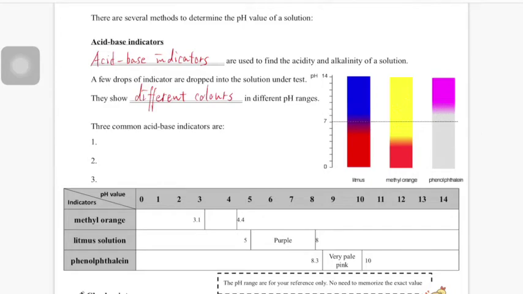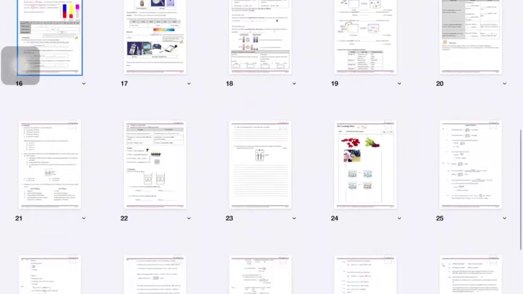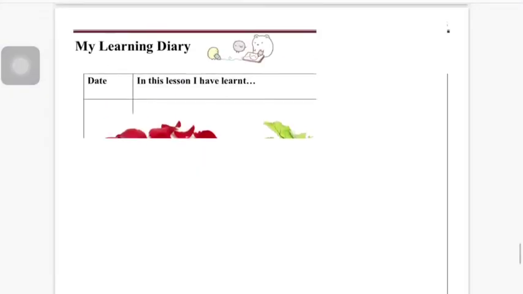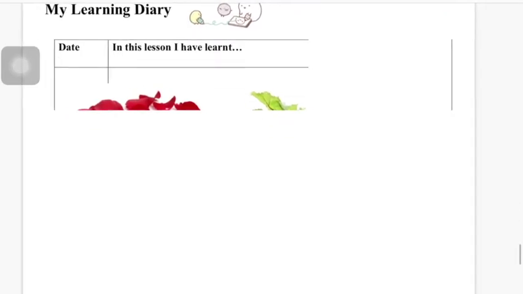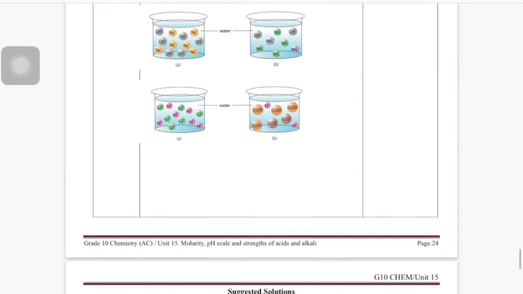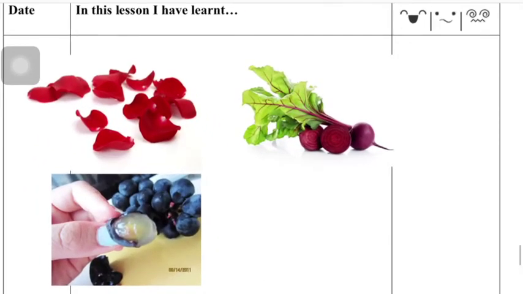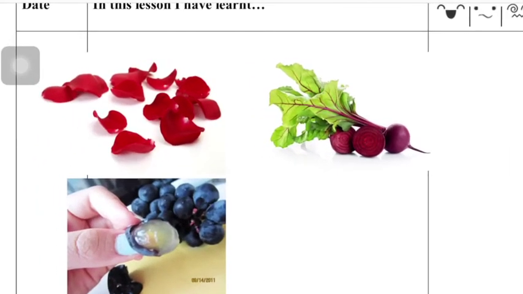Right now, because we cannot go back to school to do experiments, I want to introduce some natural indicators that you can actually try at home. Okay, so here I have some examples. The first example I want to introduce is the rose petals.